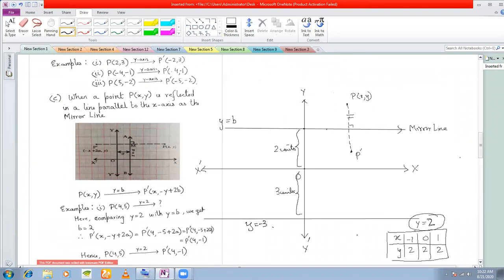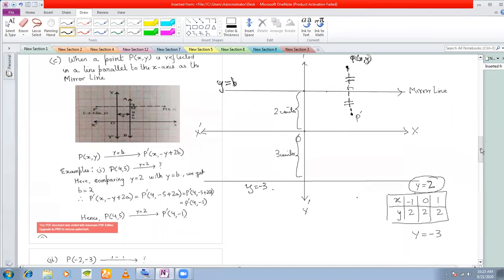Now coming back to reflection, if I take a point P (x, y) and I want to reflect it in this mirror line, which is of the form y is equal to b, then I draw a perpendicular here and measure this distance. Again draw a perpendicular, extend this line, same distance, and I get the point P dash. The question is, what should be the coordinates of P dash?